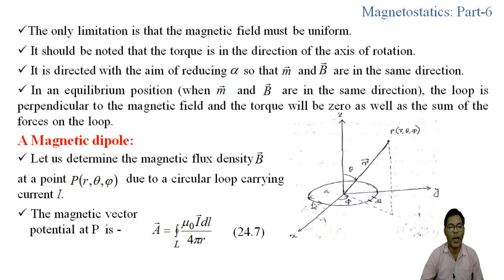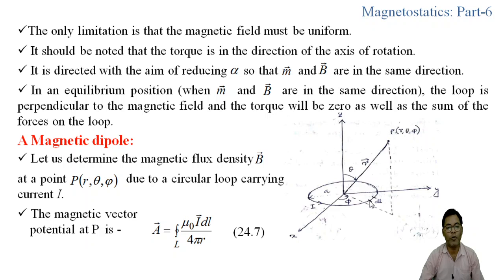Whenever the current I is flowing through the current loop, we can find the magnetic vector potential at this point P. If we can calculate the magnetic vector potential at P, we can easily find the magnetic flux density at this point.